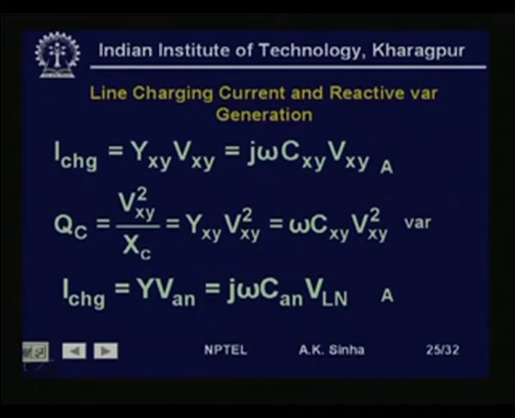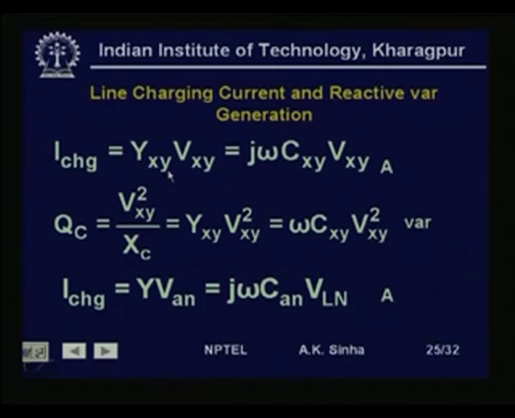Now, this transmission line has a capacitance CAN for phase A, CBN for phase B, and CCN for phase C. From these capacitances we can find out the admittance.